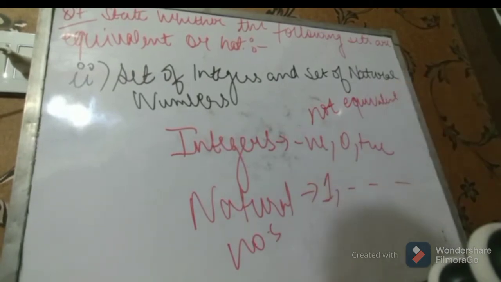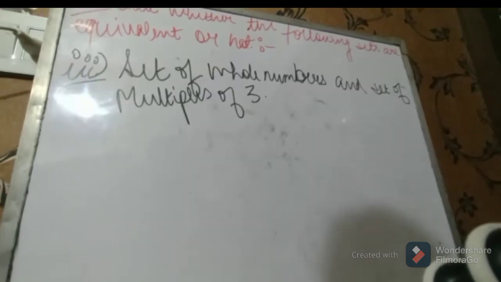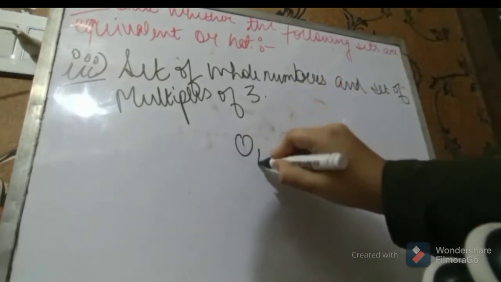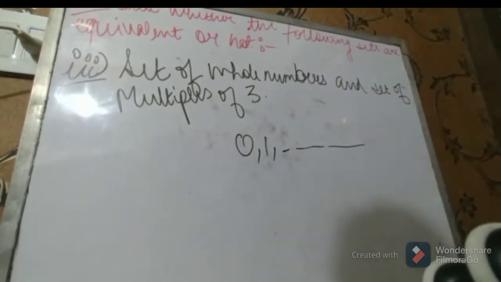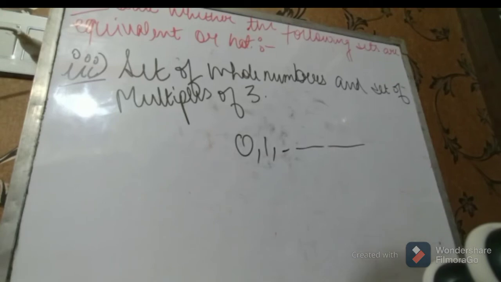Let's move on to the third example. Here we've been given the set of whole numbers and the set of multiples of 3. Whole numbers start from 0 and 1, then continue further. What are the multiples of 3? 0 into 3 gives you 0, 3 into 1 gives you 3, 3 into 2 gives you 6.